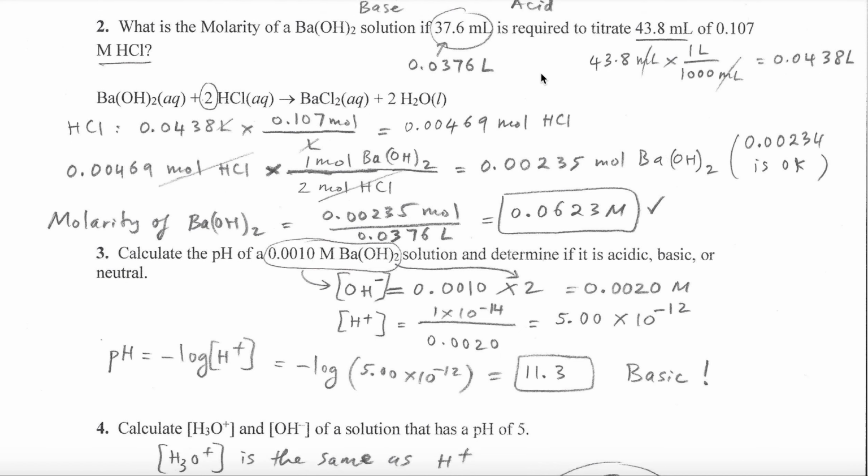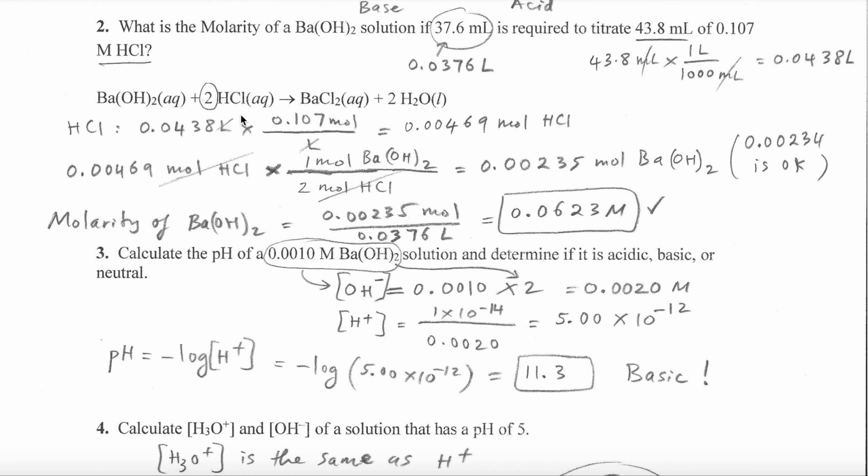This is a stoichiometry using molarity. You start out with 43.8 milliliters of HCl, which is 0.0438 liters of HCl, and given the concentration, the molarity is 0.107 capital M, meaning mole per liter.